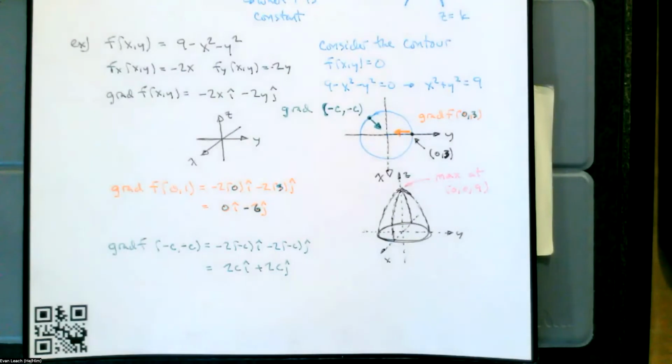Part 2 of gradients. Notice that the gradient is some kind of combination of our two partial derivatives. The way we interpret those two partial derivatives: how is f changing in the x direction? How is f changing in the y direction?